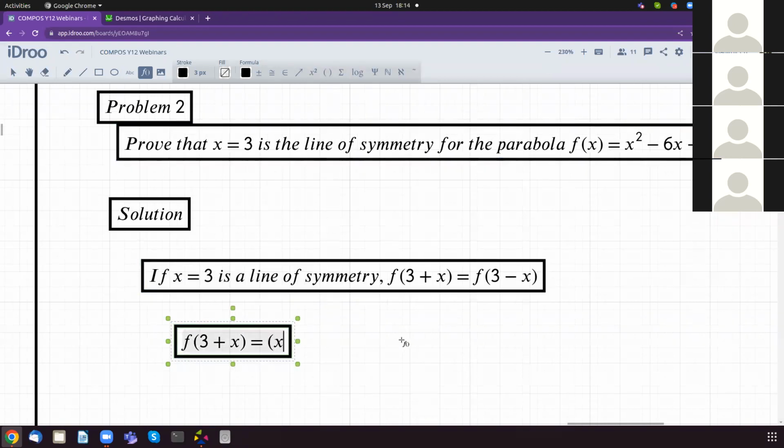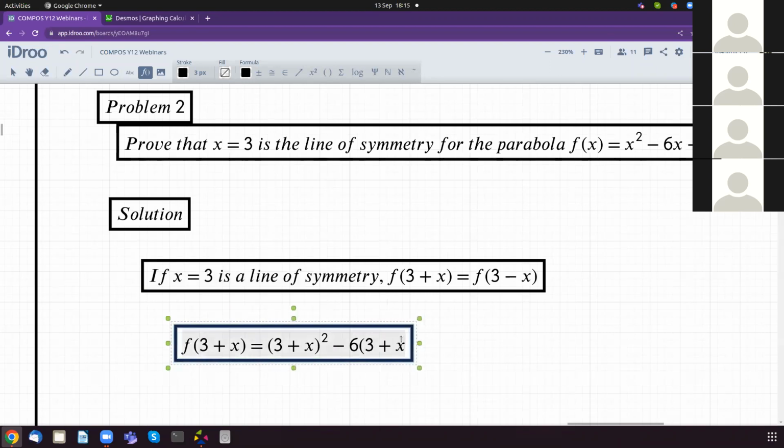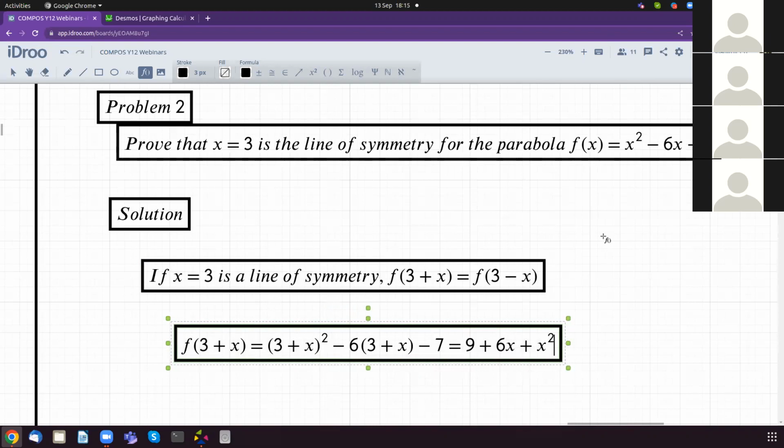So it's (3 plus x) squared minus 6 times (3 plus x) minus 7 equals 9 plus 6x plus x squared minus 18 minus 6x minus 7.